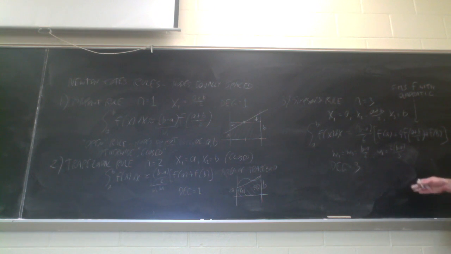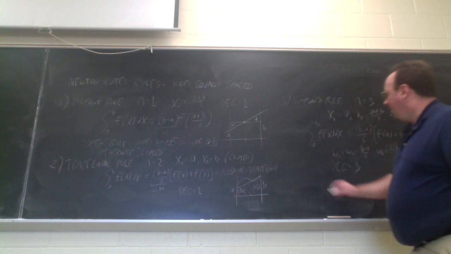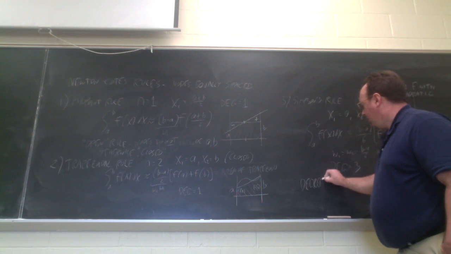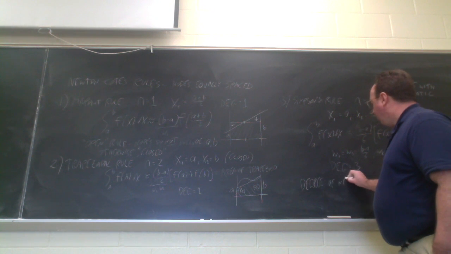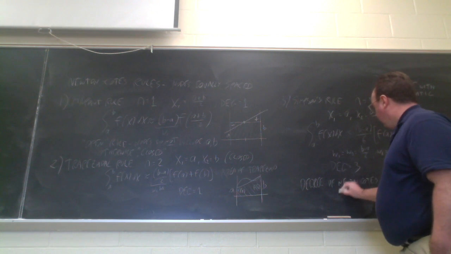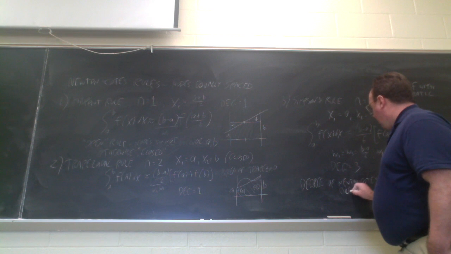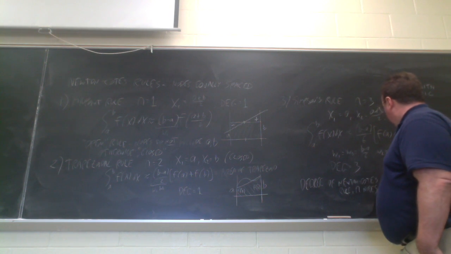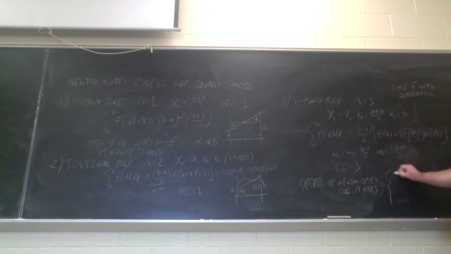But the pattern that I can state from here, and this is what I started to state earlier and messed up, is the degree of any Newton-Cotes rule if it has n nodes is always equal to n minus 1 if n is even, and it's equal to n if n is odd.